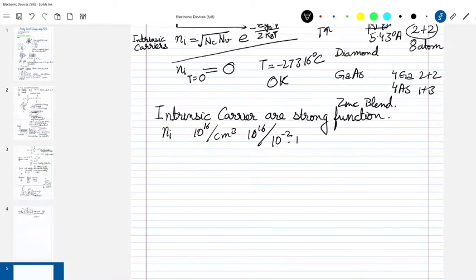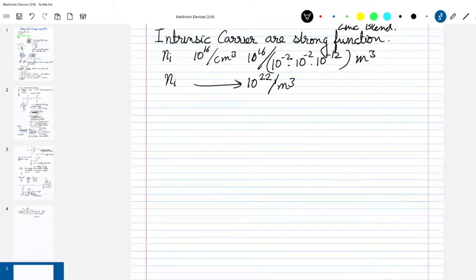So 10 raised to this, 10 raised to this, and 10 raised to this. So this will now be per meter cube, equivalent to 10 raised to 22 per meter cube. So Ni is of the order of 10 raised to 22 per meter cube. Now this brings in a very strong dependence on temperature.